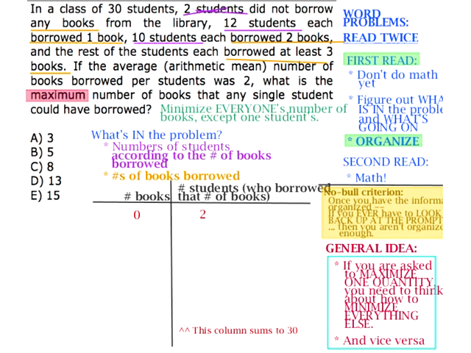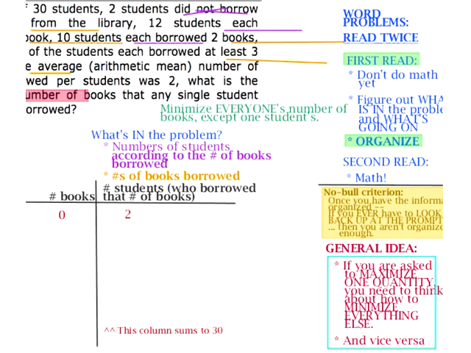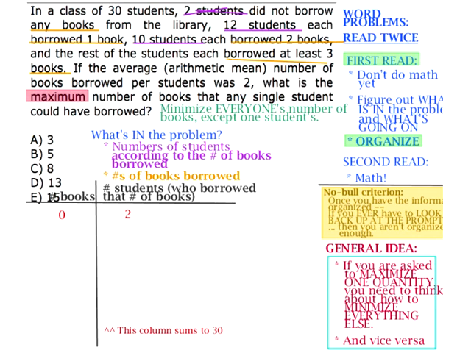Once I realize what's going on in this problem, I would add another column to my chart: number of books times number of students. If you do the number of books times the number of students for that number, you're going to get the total.